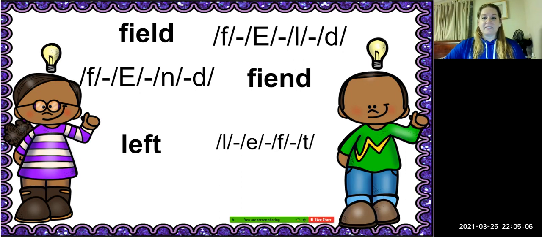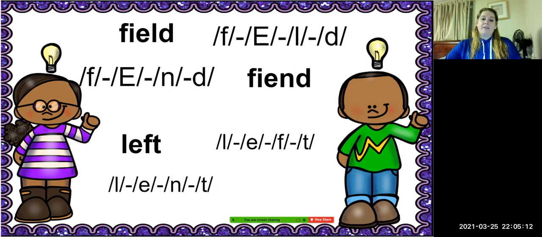So the ft is the blend. Well, we're going to replace the first sound, the f, with n. Stretch that word out and tell me what you think it is going to say now. We have the word lent, lent, lent, like I lent him a pencil.